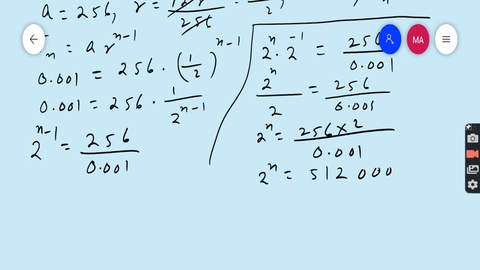Again we have to take logarithm on both sides, and this time I am writing directly n is equals to log 512000 upon log 2. Use calculator to find the value.